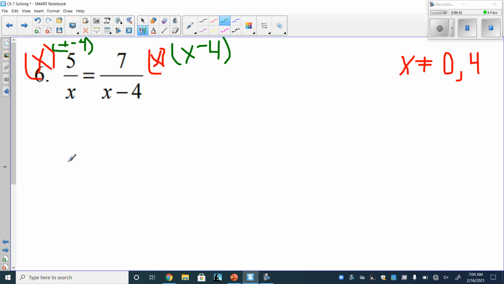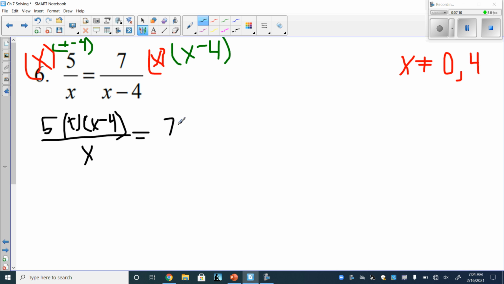And so when we do this multiplication, we're going to get 5 times x times x minus 4 all over x is equal to 7 times x times x minus 4 all over x minus 4.